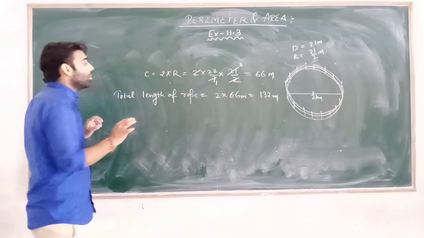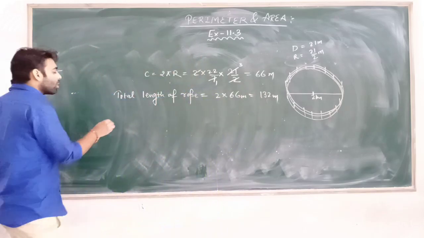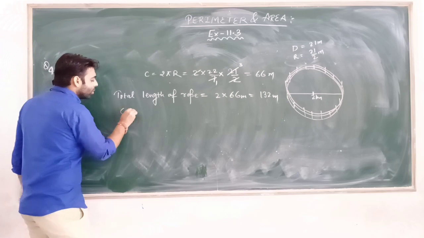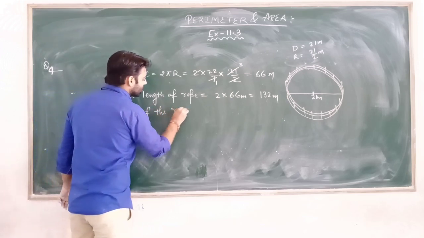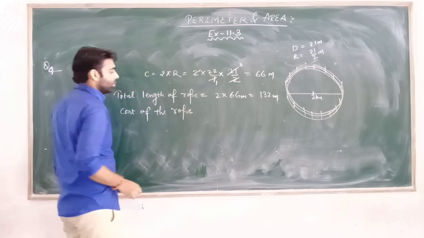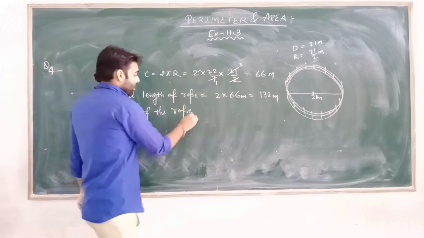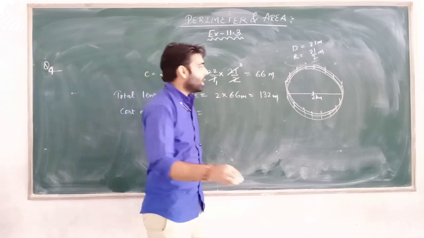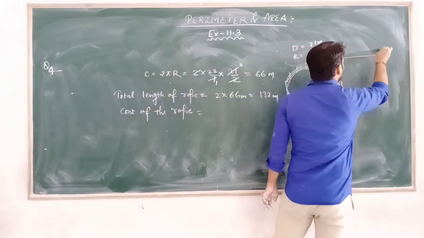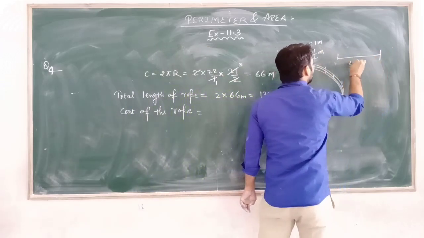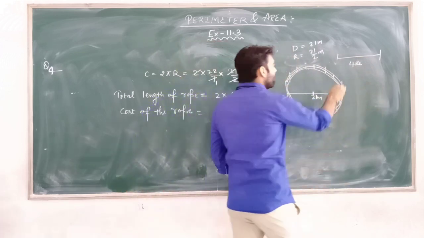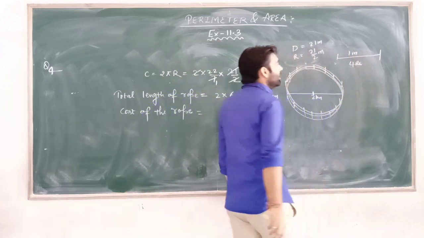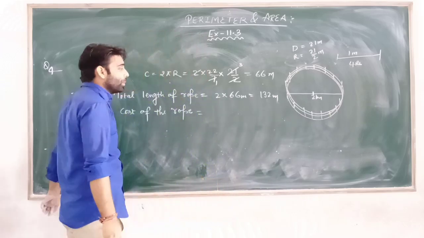Now we are moving towards calculating the cost of the rope. For 1 meter of length of the rope, the cost has been given as 4 rupees.